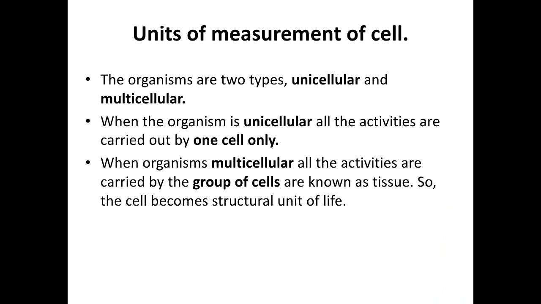Next point, the units of measurement of the cell. Organisms are of two types, the unicellular organism and the multicellular organism. When the organism is unicellular, all the activities are carried out by one cell only.